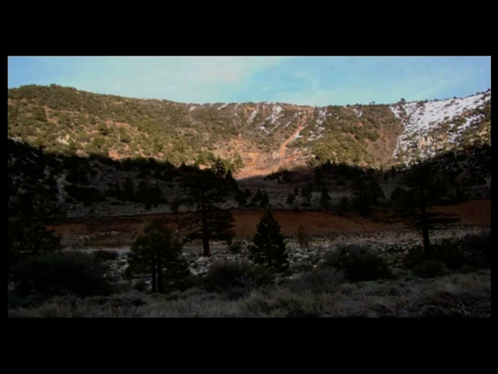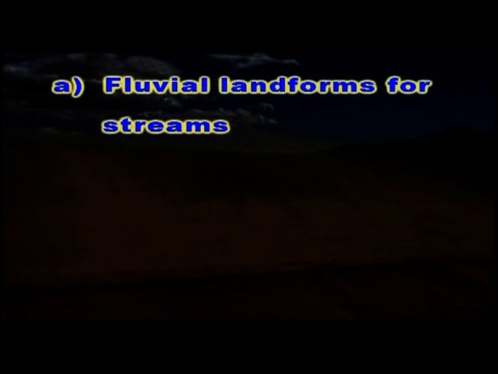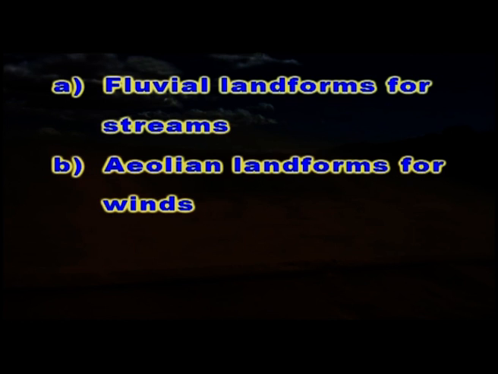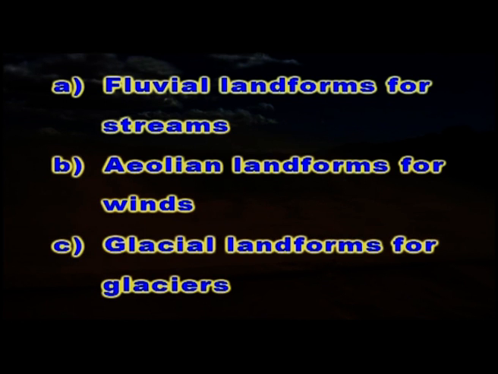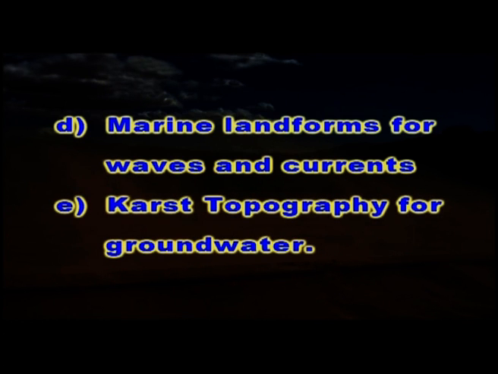The landforms created by the respective geological agents are classified as fluvial landforms for streams, Aeolian landforms for winds, glacial landforms for glaciers, marine landforms for waves and currents, and karst topography for groundwater.